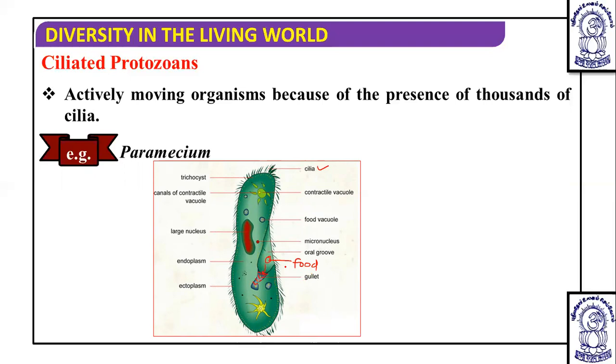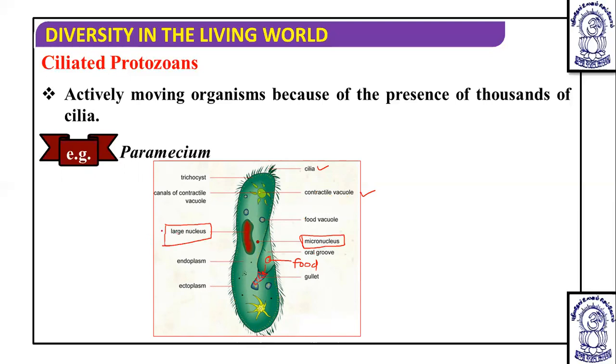One of the important peculiarities of paramecium is that it has one large nucleus and one small nucleus, that is the micronucleus. They also have contractile vacuoles, so they are freshwater organisms obviously.